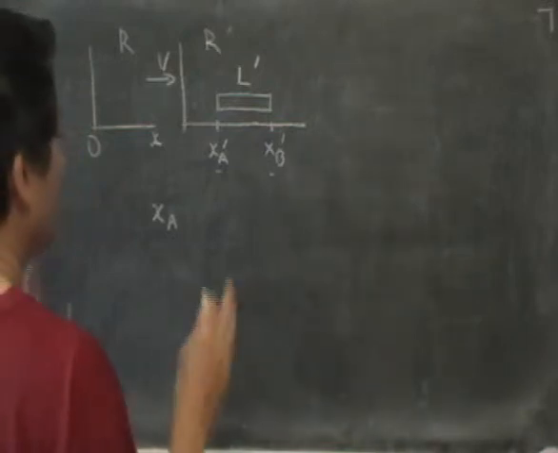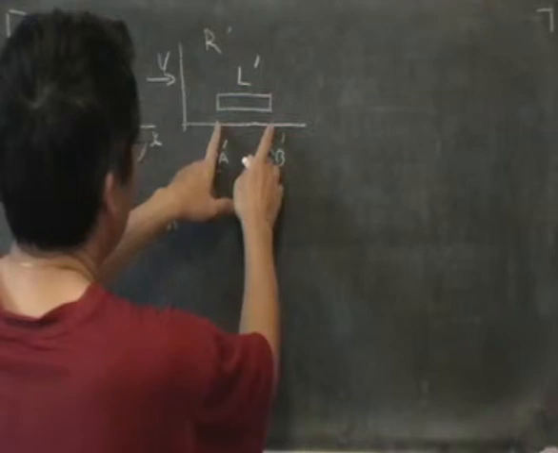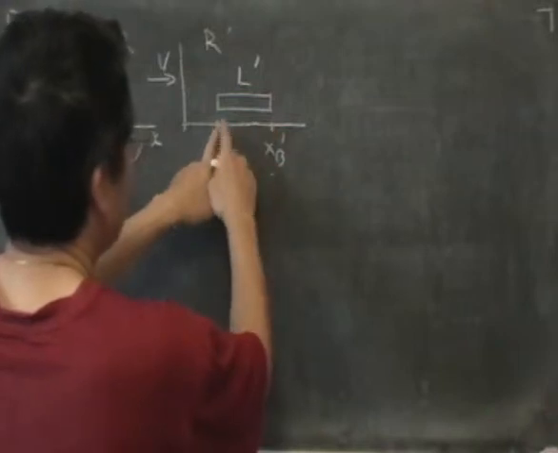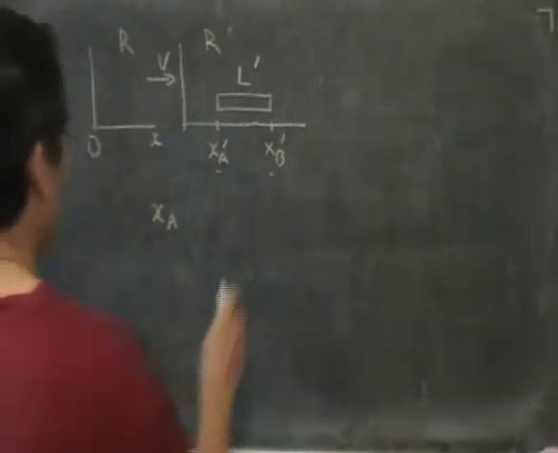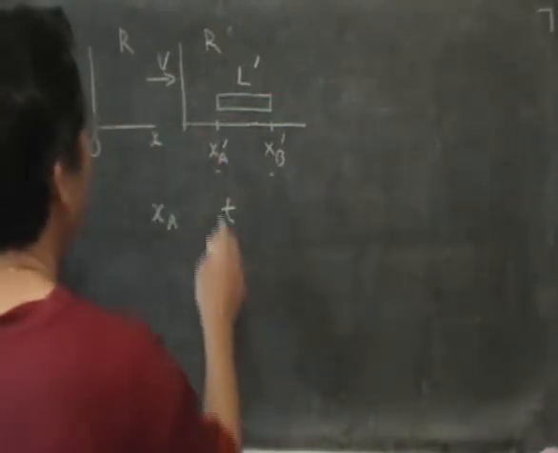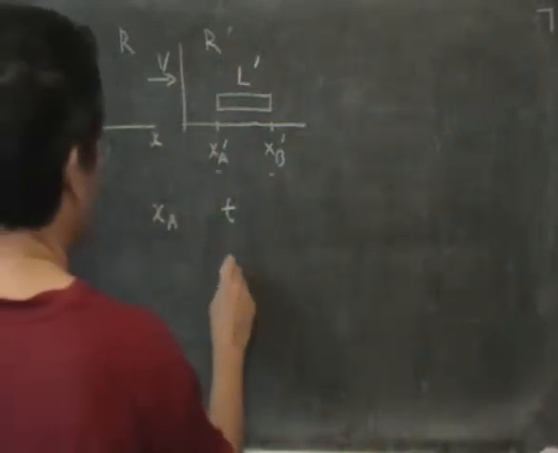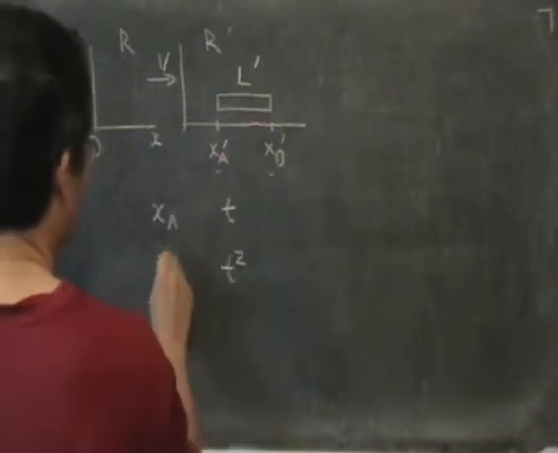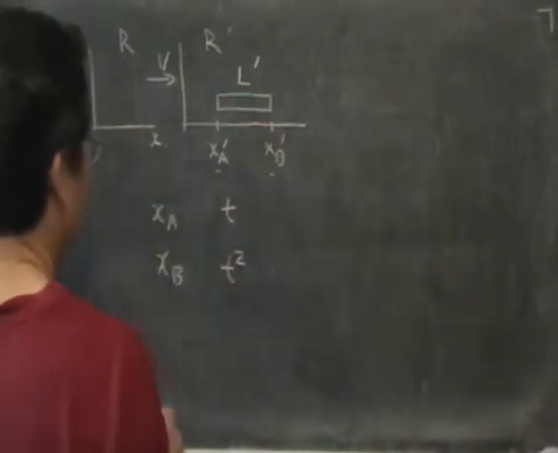And what he'll see is that when he takes his picture, he would be at the same time recording the positions of the two ends of the ruler, at the same time, say time t. He will record that at this time t, one end of the ruler is at xa in terms of his coordinate, and at the same time t, the other end is at xb in terms of his coordinate, when he measured from his origin.